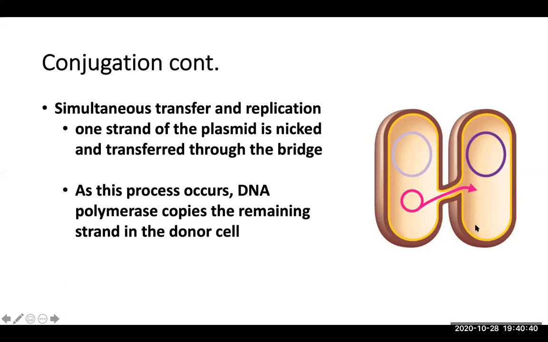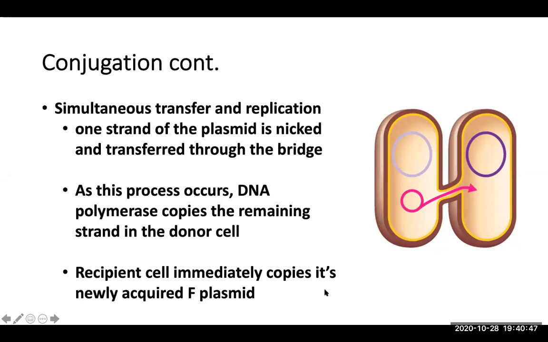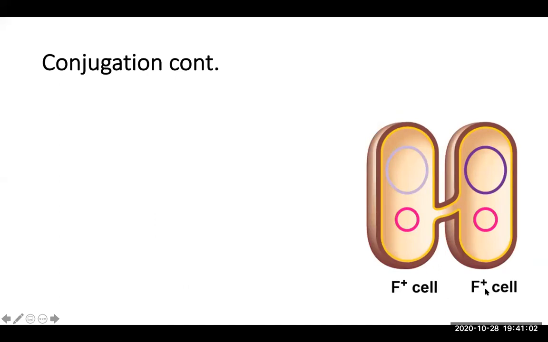And the recipient will also copy its plasmid, so both of these will have double-stranded plasmid. And of course, the newly acquired plasmid will make this now also an F+ cell. And the transfer is complete.